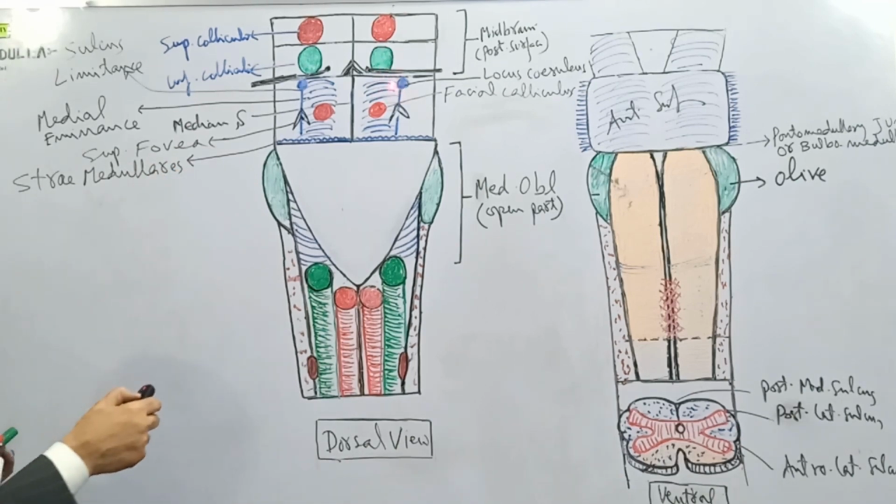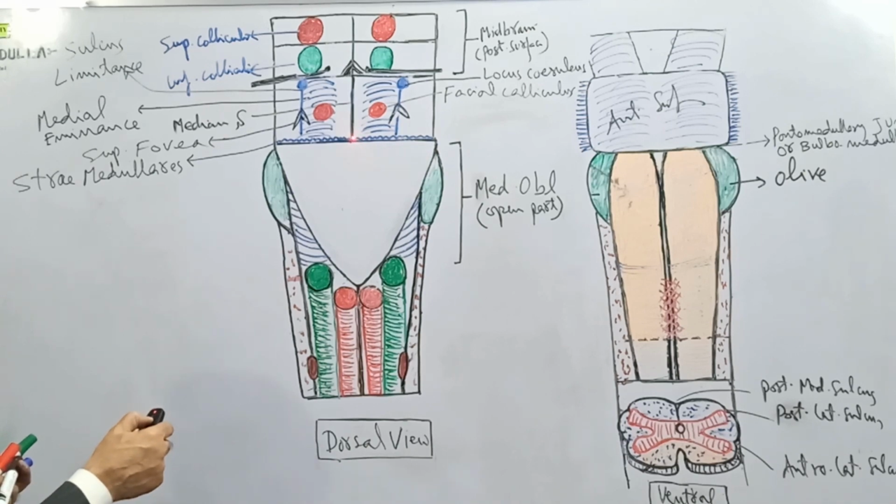Thus, at the junction of the dorsal surface of the pons and the dorsal surface of the open part of the medulla oblongata, some of the nerve fibers start at the median sulcus and run laterally on either side. These nerve fibers are known as striae medullares.